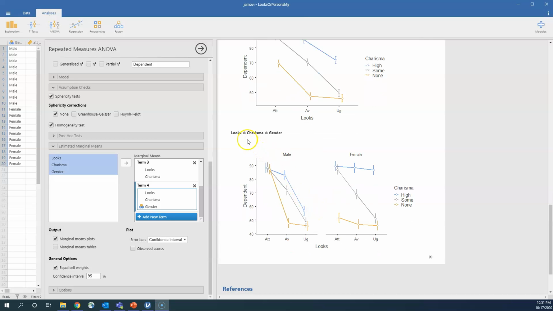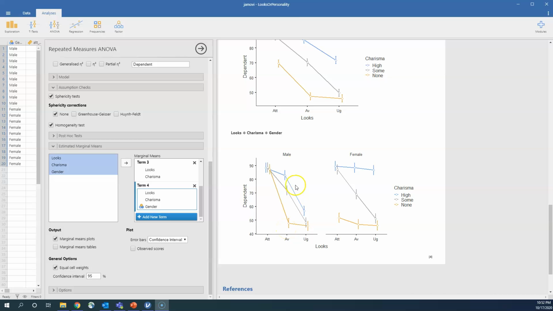Alright, so what we've got here is the 3-way interaction, and because each of these panels of graph can really only hold 2 variables at a time, the variable that's on the x-axis and the variable across lines, those 2 independent variables have to be the only ones that are depicted on each graph.